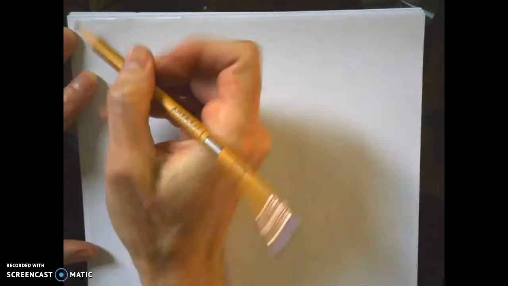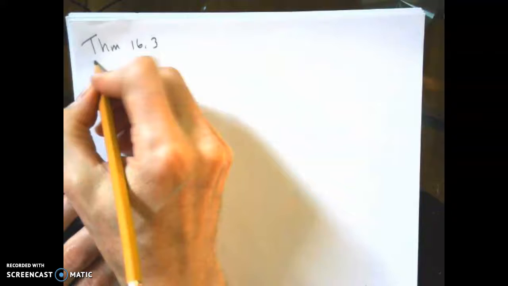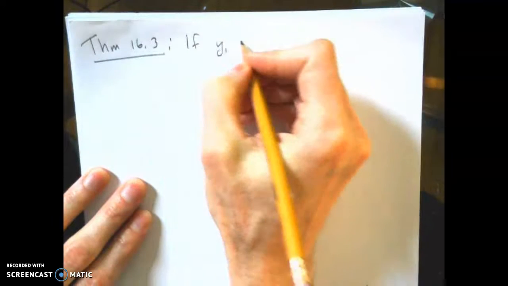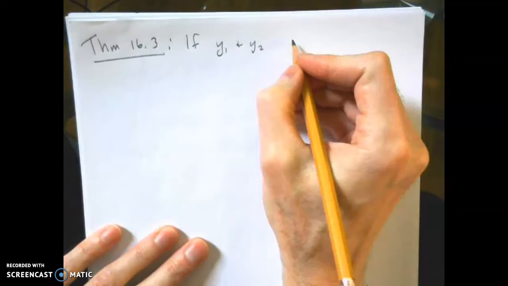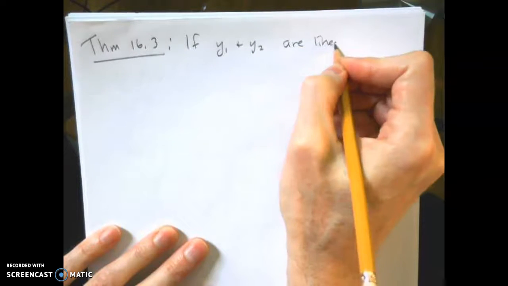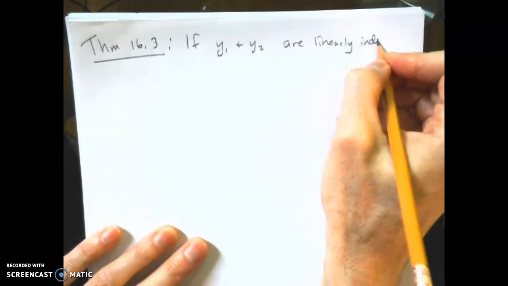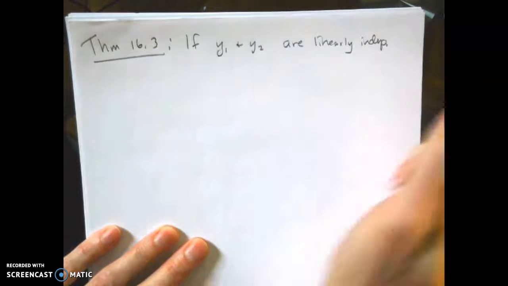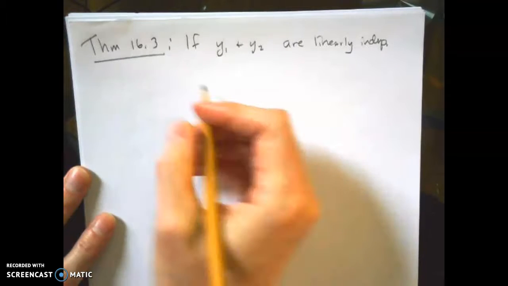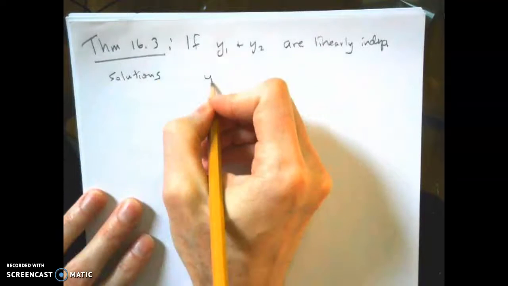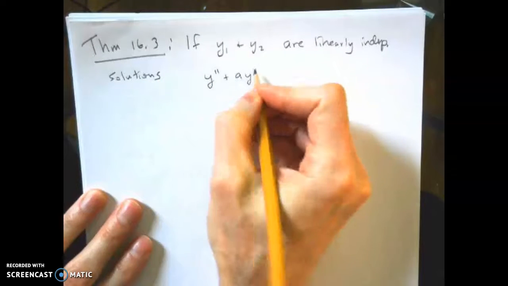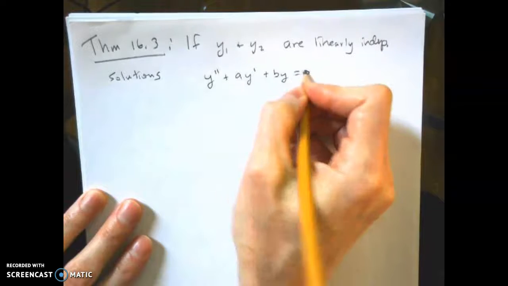This is theorem 16.3. Okay. Theorem 16.3, which says if y1 and y2 are linearly independent, they have to be linearly independent, that's important, solutions to your equation y double prime plus a y prime plus b y equal to 0.